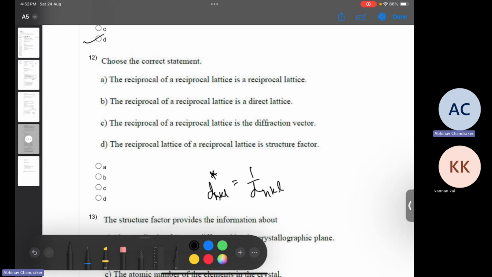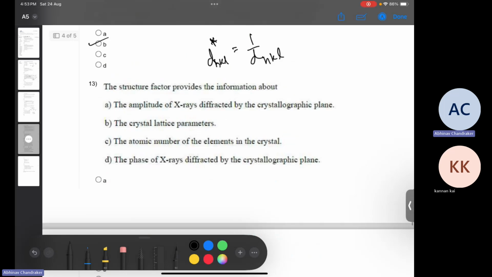So if you again take the reciprocal, you will get the value of spacing in real space between the lattice planes. So the reciprocal of a reciprocal lattice should be a direct lattice, because doing a simple reciprocal twice gives you the same thing you started with.